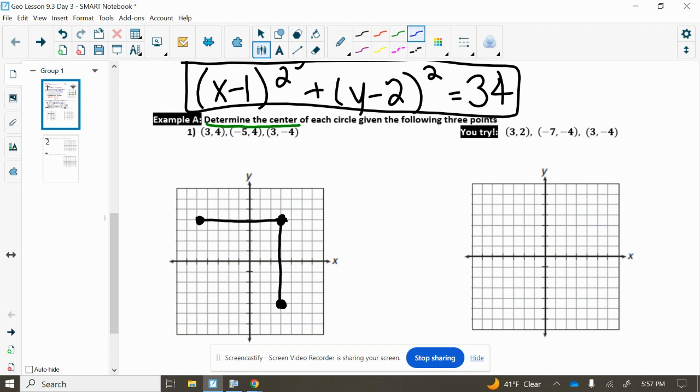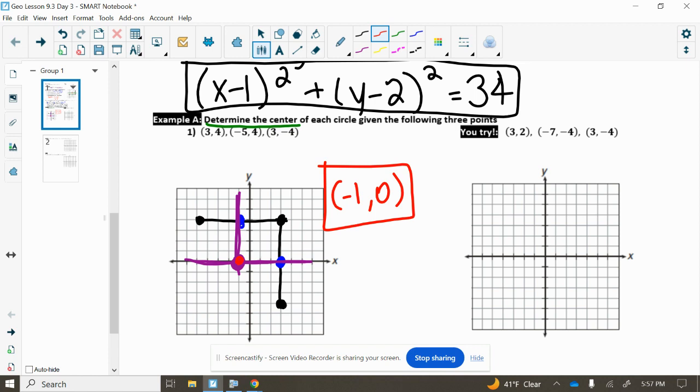Next, we are going to mark the midpoints of those 2 new segments, and we can draw in then a line perpendicular to each of our given lines to see where they intersect. In this case, our center is going to be at -1, 0. And again, this is what we would use for our h and our k.